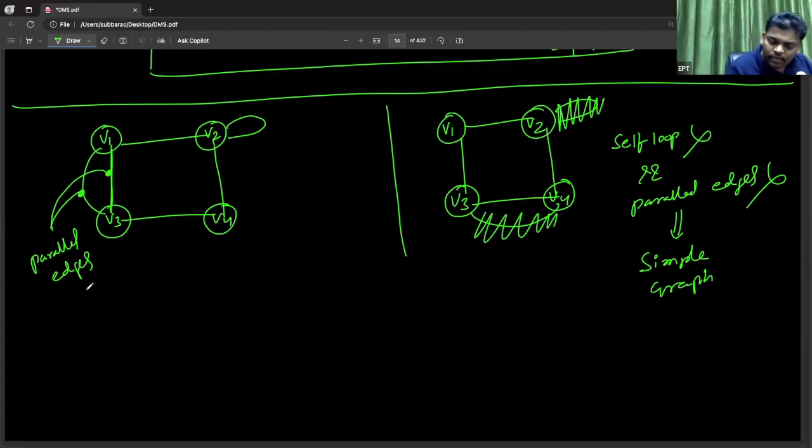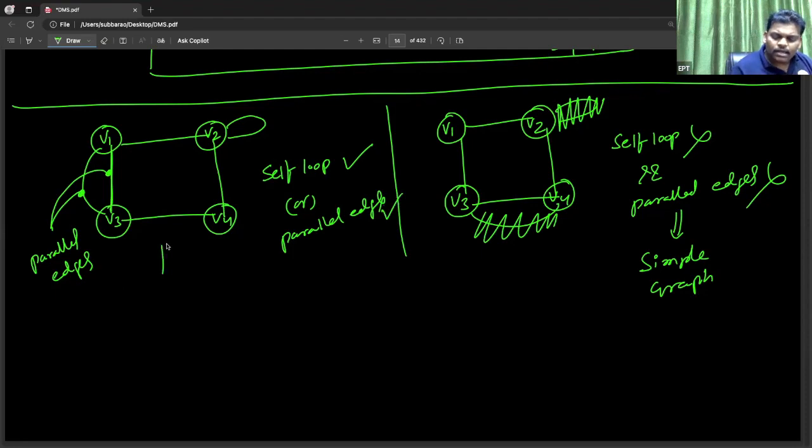A graph in which a self loop may be there, or parallel edges may be there, any one or both, is called a multigraph.